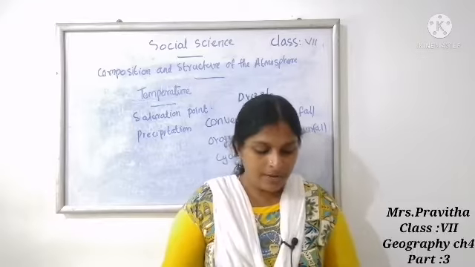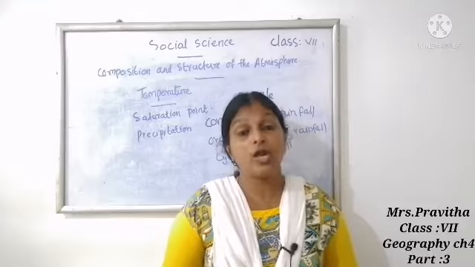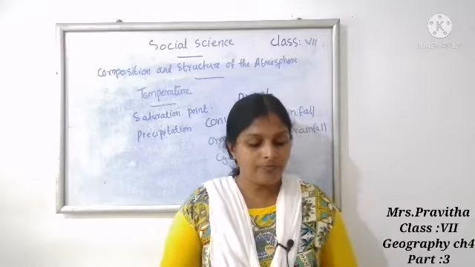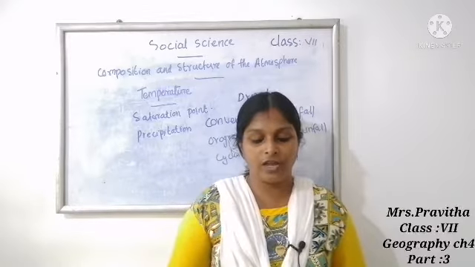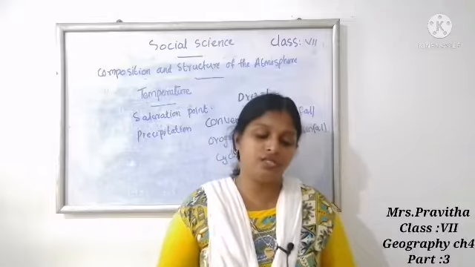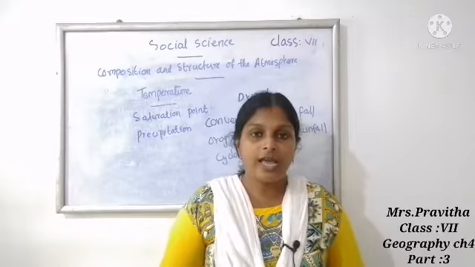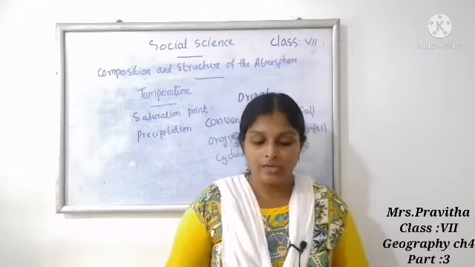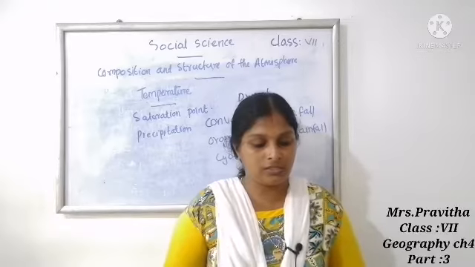Third one, places with high temperature have dash air pressure. Low air pressure. Next one, average weather condition taken over a long period of time in a large area is known as climate. Next one, dash is made up of rounded lumps of ice and occurs only in cumulonimbus clouds.